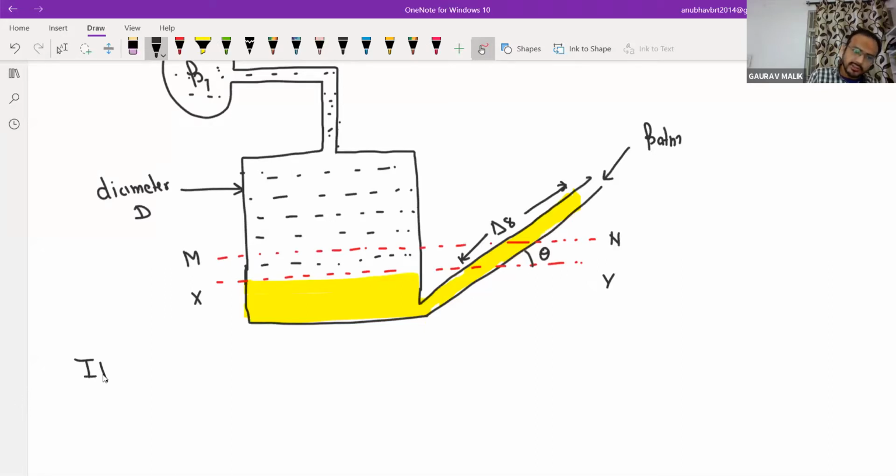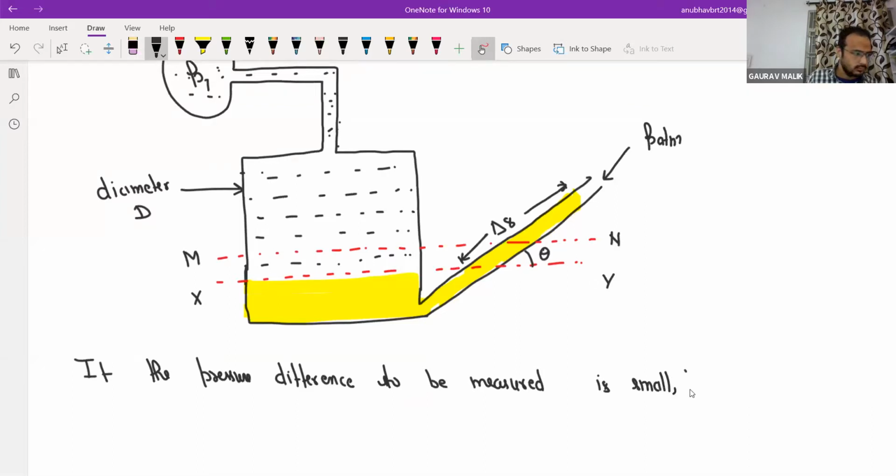So if the pressure difference to be measured is small, the leg of the U tube may be inclined.